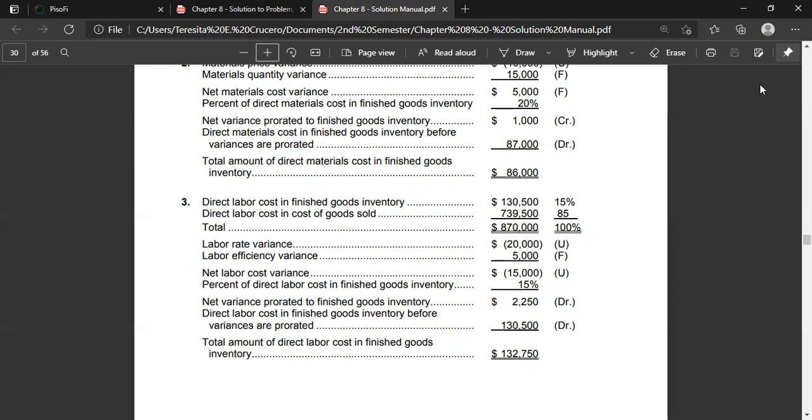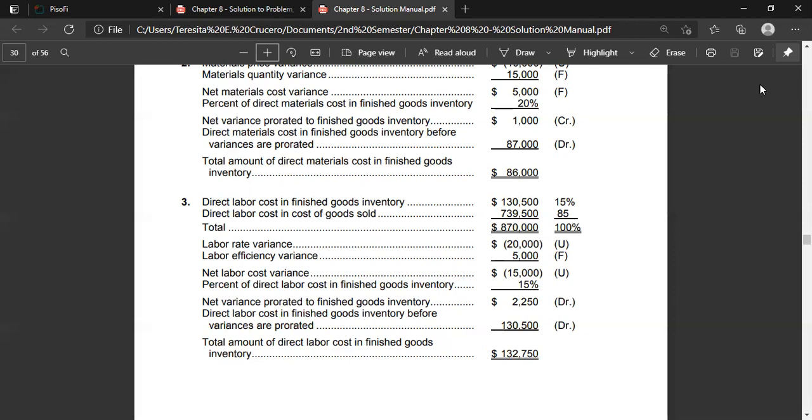So we now get 2,250 for the debit, and then we have direct labor costs in finished goods inventory before variances are prorated. So we have 130,500, which is debit. Okay, now total amount direct labor cost in finished goods is 132,750.